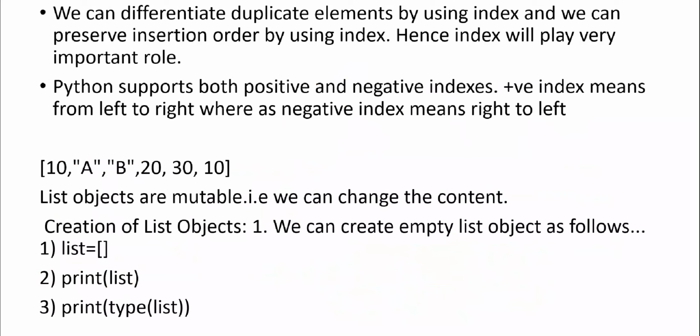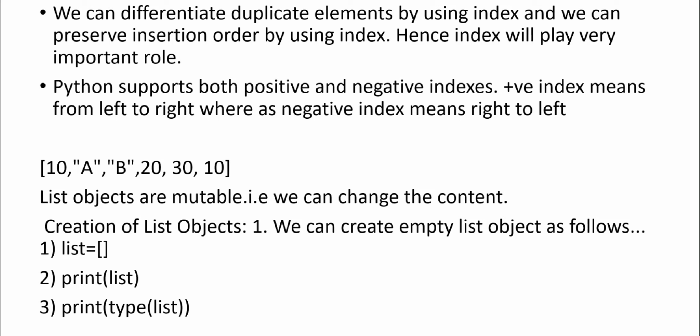I already told that a list can consist of duplicate elements. So how can we identify the duplicate elements? Every element has its own index, which starts from 0. So we can differentiate duplicate elements by using index, and we can preserve insertion order by using index.